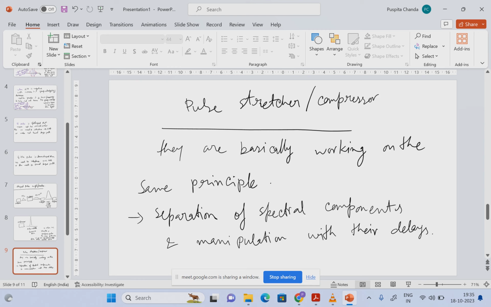So as I have mentioned already, if the pulse is upchirped, then we need to introduce negative GDD.